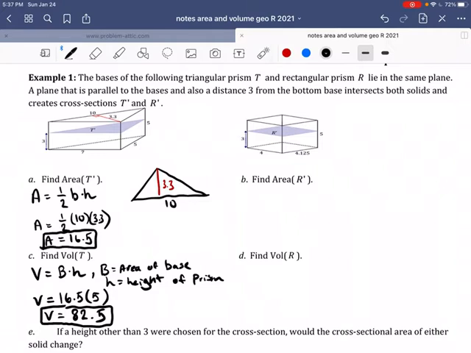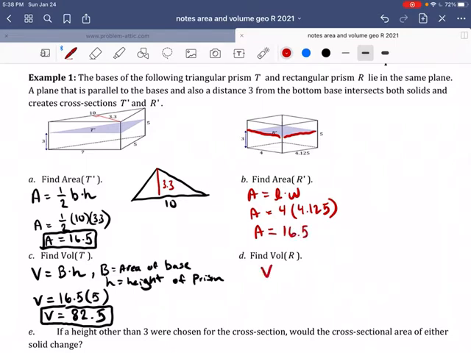Okay? All right, let's go over to the right side there with the rectangular prism. They want to find the area of R'. And so again, the area of R' there will be the length times the width, which for us is 4 times 4.125. When we do that, 4 times 4.125 is going to be 16.5.